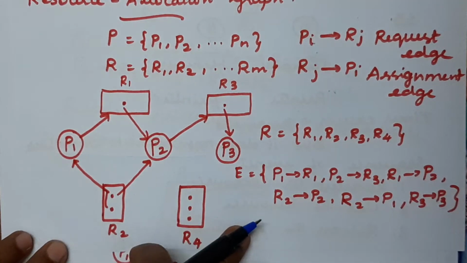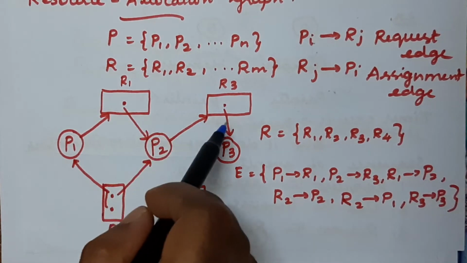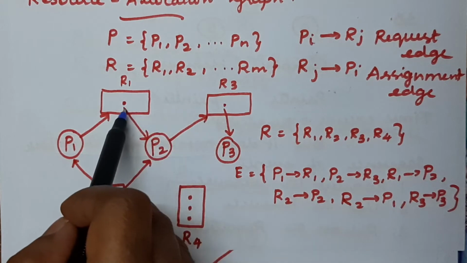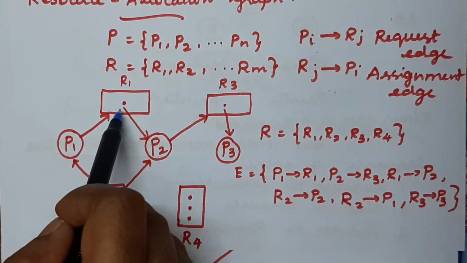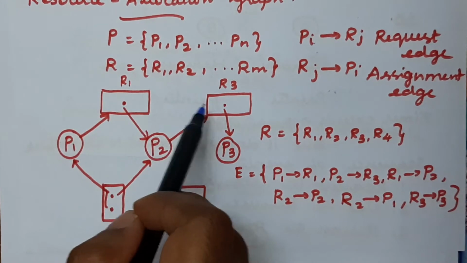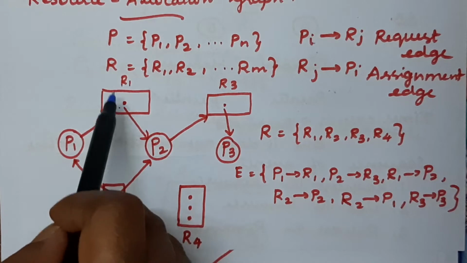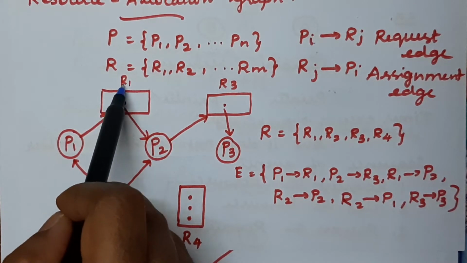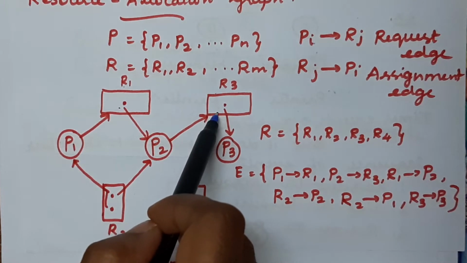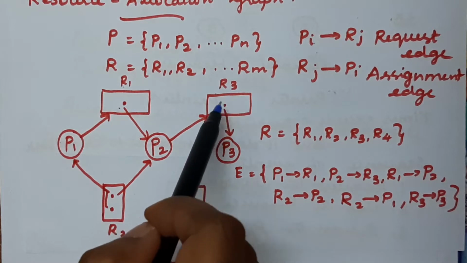We need to represent each process with a circle and each resource with a square. Inside the square we have some dots, and these dots are nothing but the number of instances of that resource type. For example, the R1 resource has only one instance under this type, and R3 has one instance, which means only one resource under type R3.